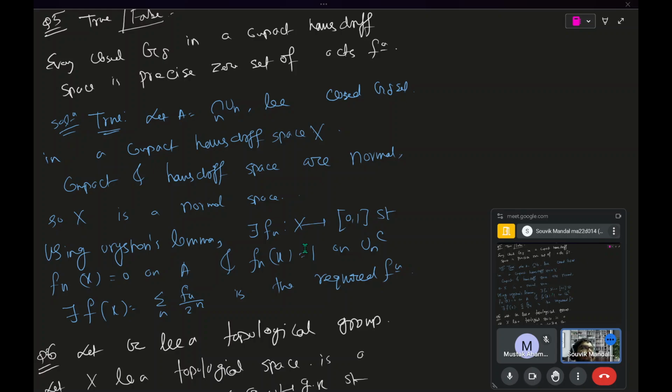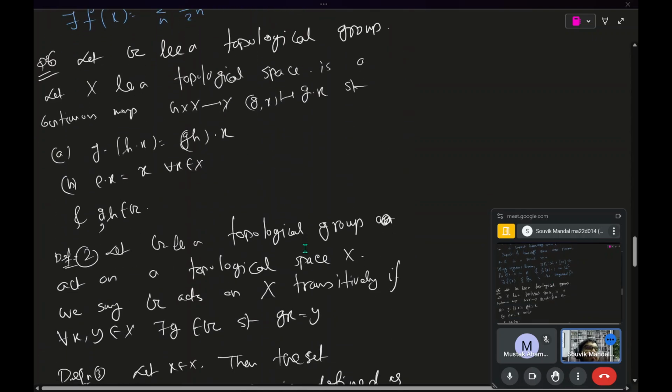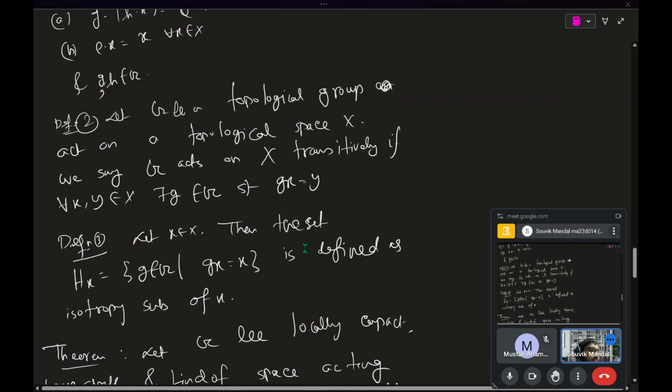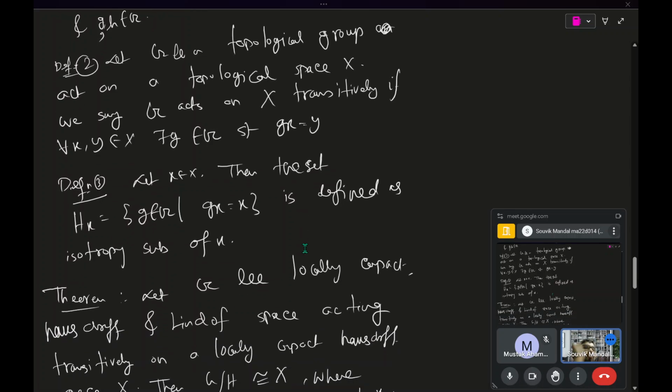So the thing is, suppose this is a topological group. A topological group is a group which is a topological space along with a group structure, and the group structure respects the topology and vice versa.